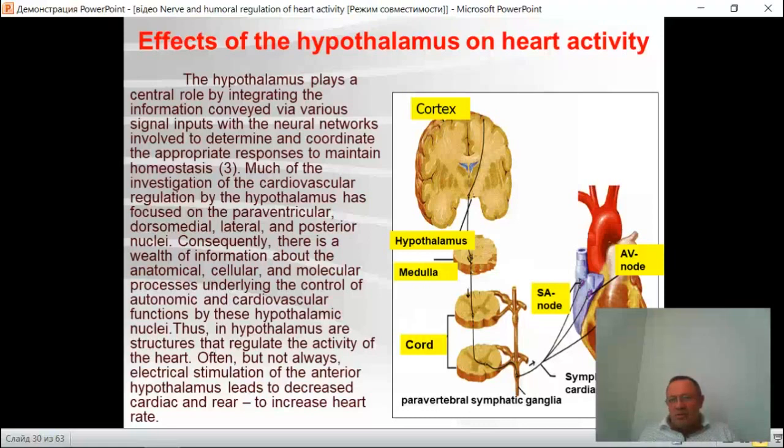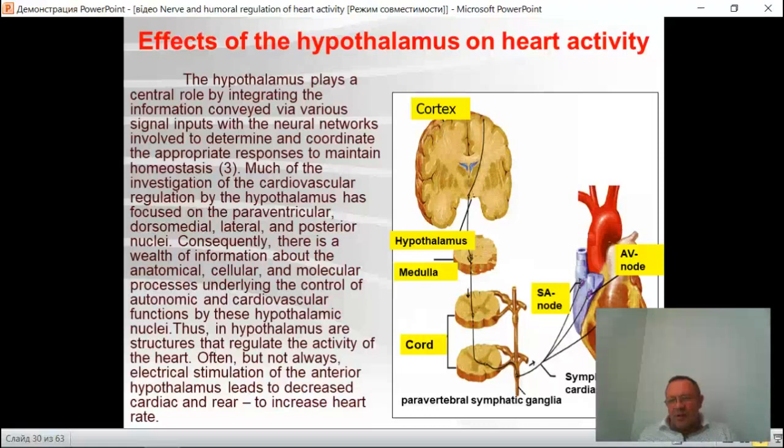Much of the investigation of the cardiovascular regulation by the hypothalamus has focused on the paraventricular, dorsomedial, lateral, and posterior nuclei.